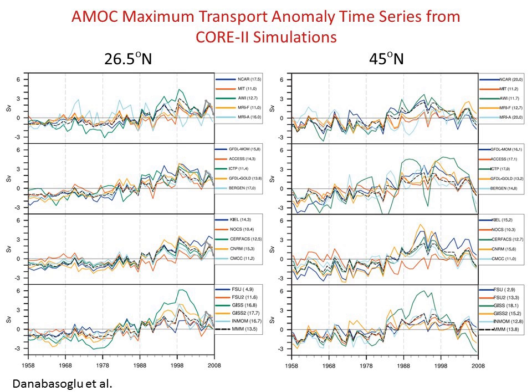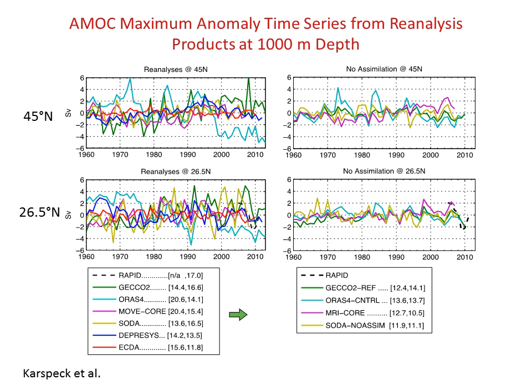So if you look at a similar measure from reanalysis products, this is what we get. This is now showing the AMOC maximum anomaly time series from reanalysis products at a certain depth, in this case 1,000 meters. The top is 45 north, the bottom is at 26.5 degrees north, and the reanalysis products are given here with their means. Some of the reanalysis products also have what we call no-assimilation integrations, in which they essentially used the same forcings in everything, but they did not ingest any data, and those are shown here.